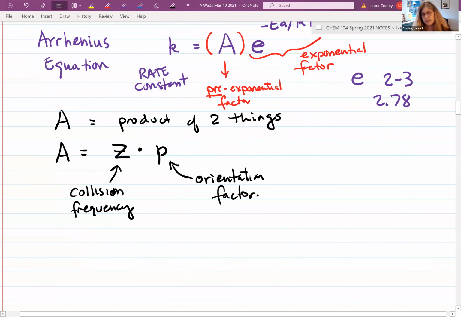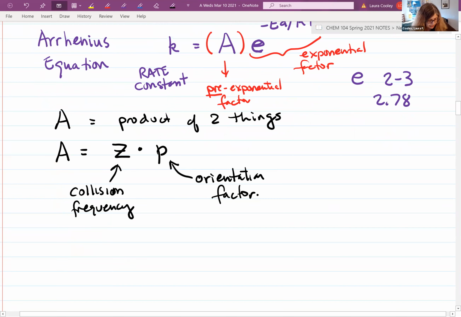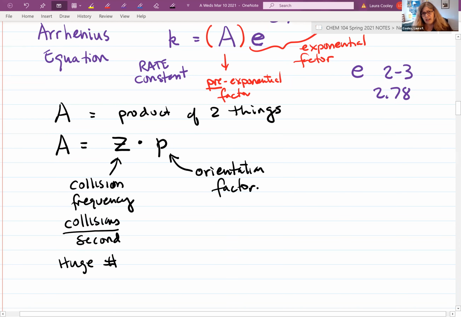So let me address these one at a time. The collision frequency is just what it sounds like. It's how often per second the molecules that need to collide, how often do they collide with each other? So this is really just the collisions per second.